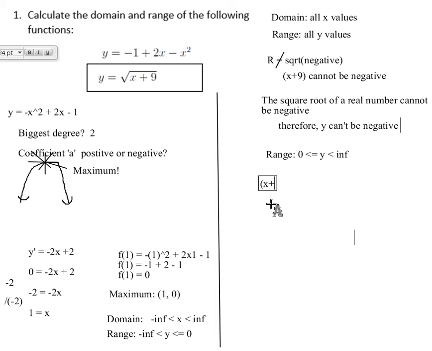So we want x plus 9 to be equal to or greater than 0. Okay? So what is the smallest number that x can be for x plus 9 to equal 0?